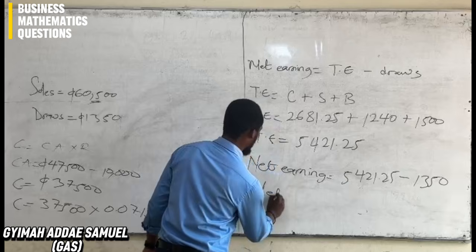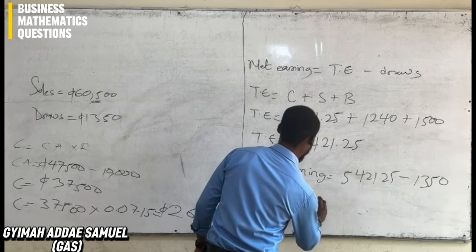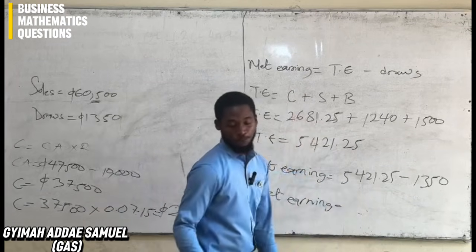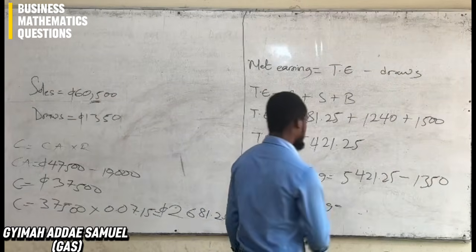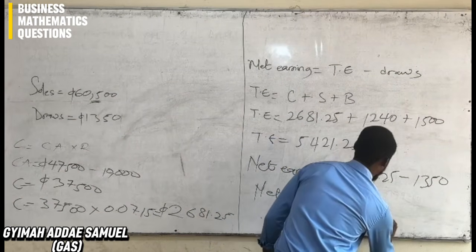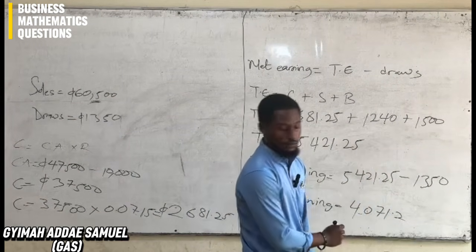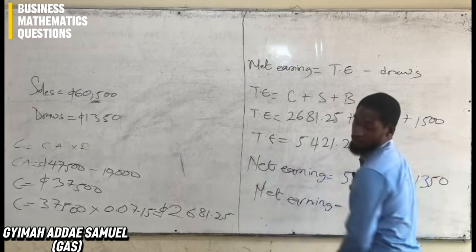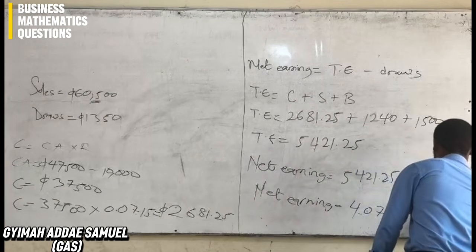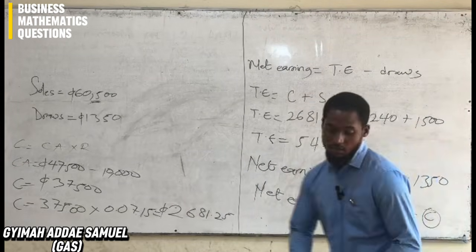So therefore, our net earning here is 4,071.25, which makes the answer C. We proceed to question 4.